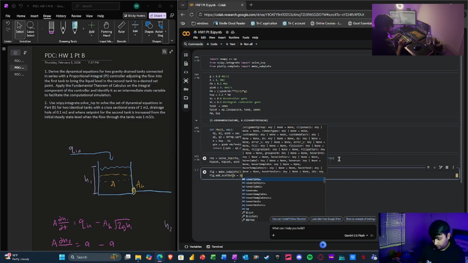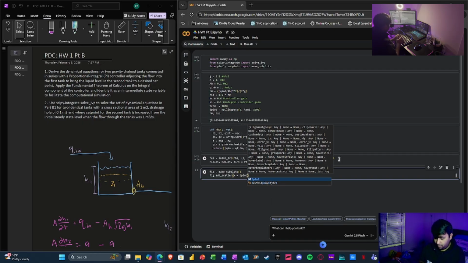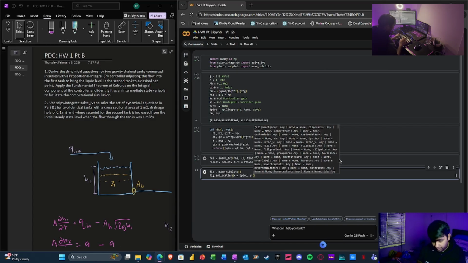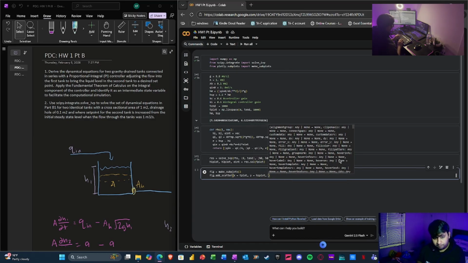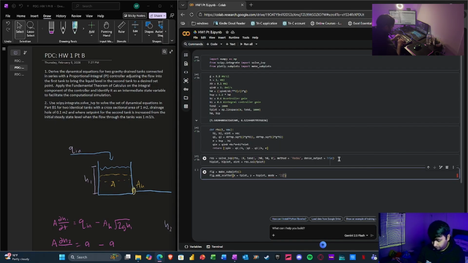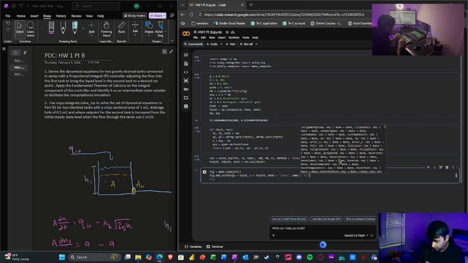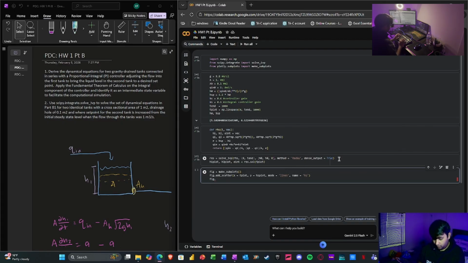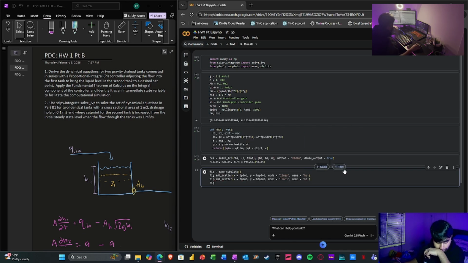So I think x is our t plot, which is time, and then our y should be our H1 plot, and then our mode will be using lines, and then our name will be H1, and we'll use Colab to just fill this out, which is the same thing.